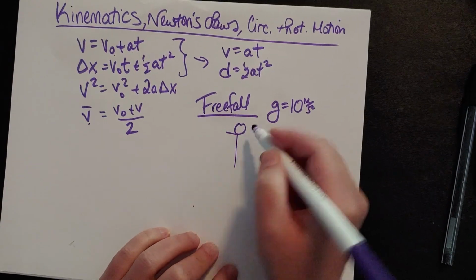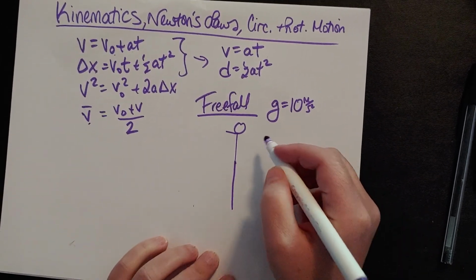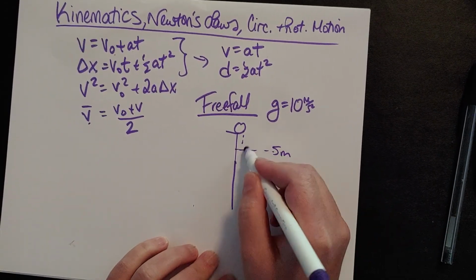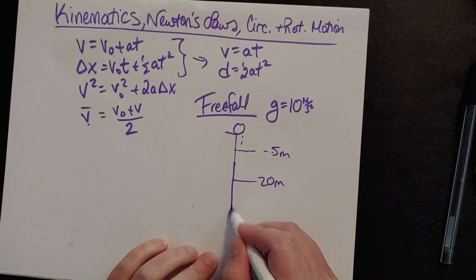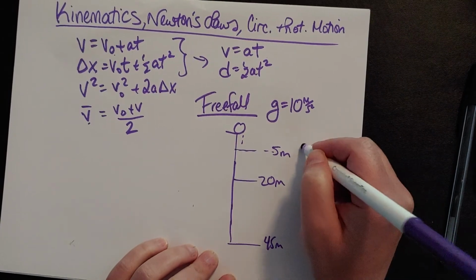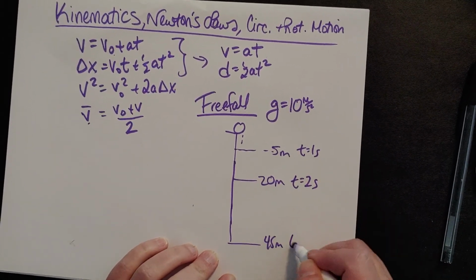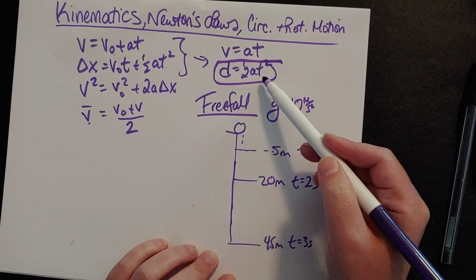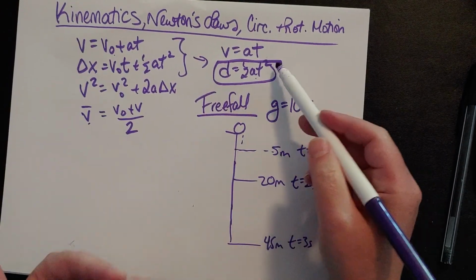But here's a very useful fact that I saw them assume that you know. After 1 second, it falls 5 meters. After 2 seconds, it's 20. After 3 seconds, it falls 45 meters. When you do d equals 1/2 g t squared, it's basically 1/2 of 10, so it's 5t squared.